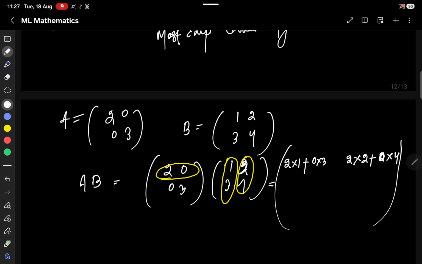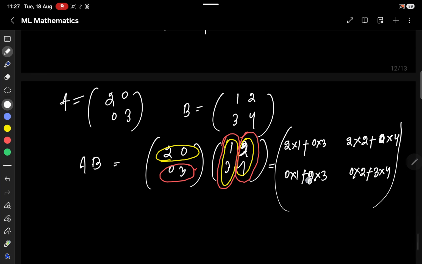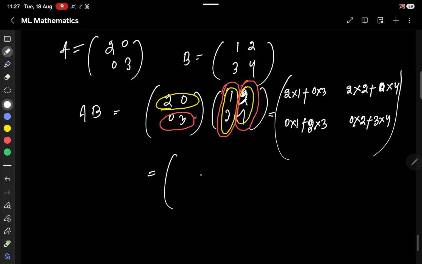Now the second row with the first column: 0 cross 1 plus 3 cross 3, and again 0 cross 2 plus 3 cross 4. Calculating and summing properly, it will be 2, 4, 9, 12.